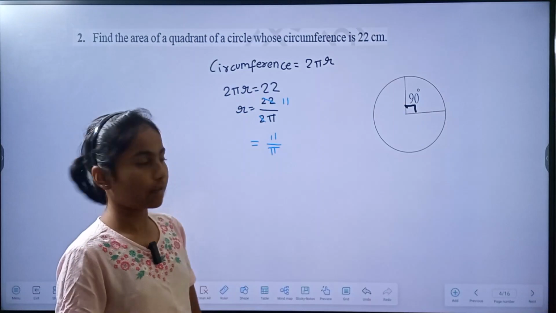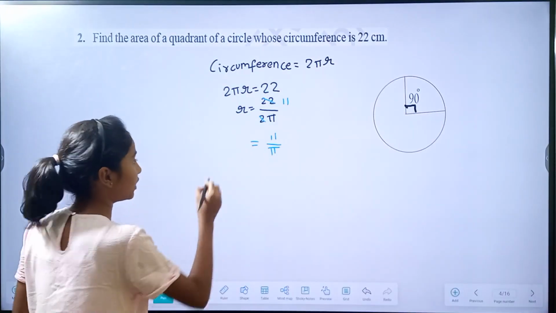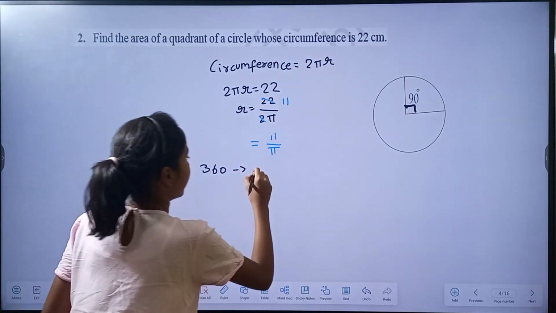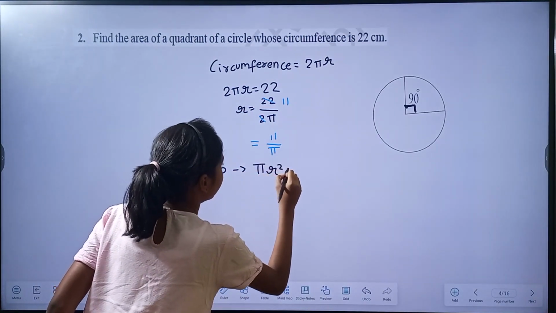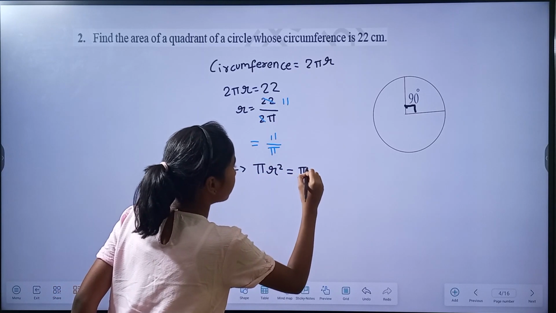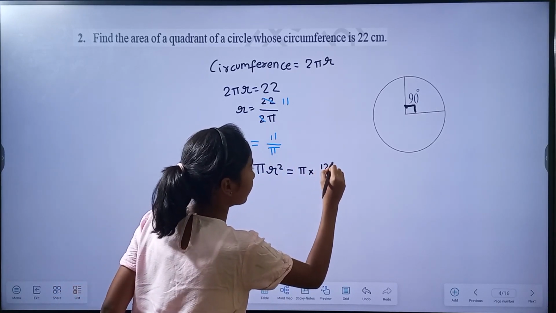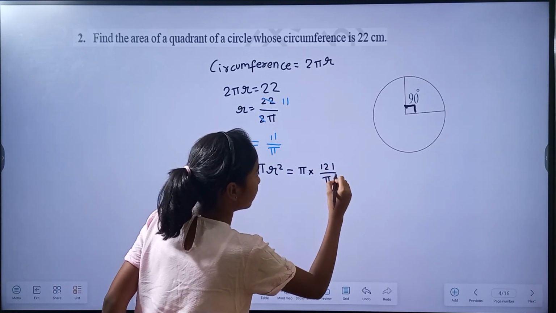The quadrant of a circle means the angle is 90. So for 360 degrees, we get pi r square, which is equal to pi into 11 by pi square, which is 121 by pi.